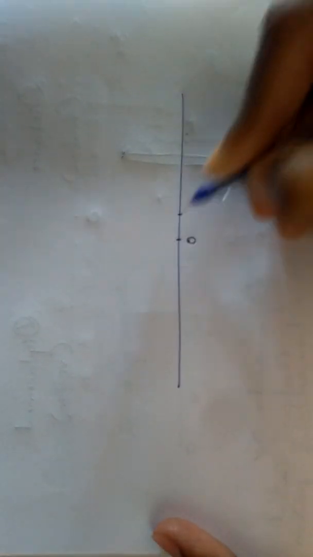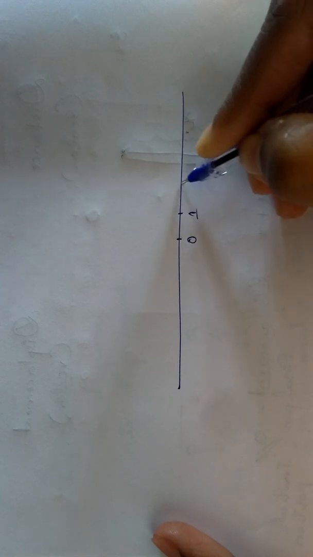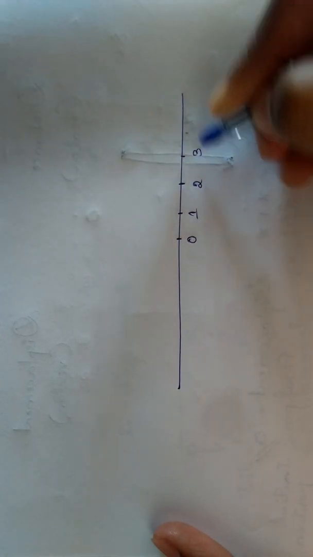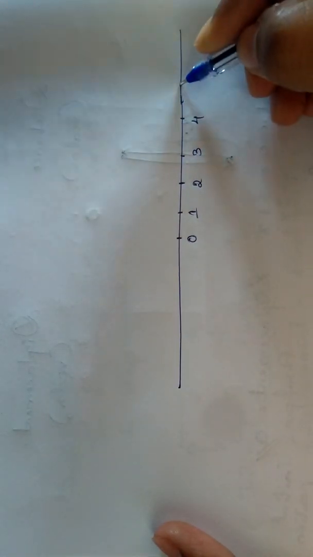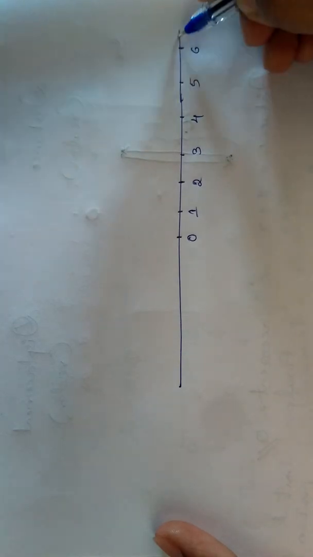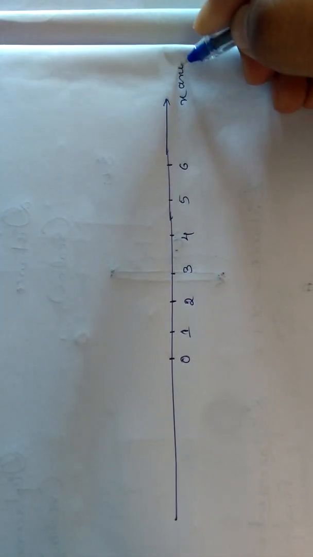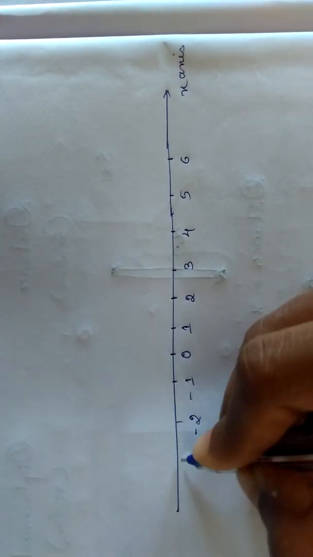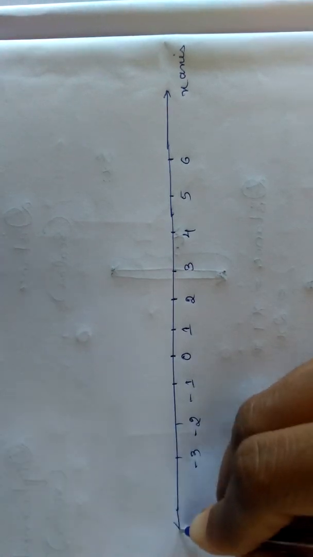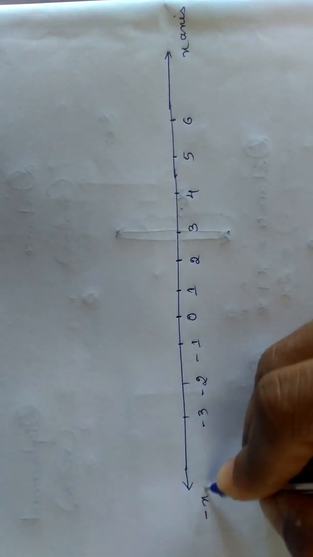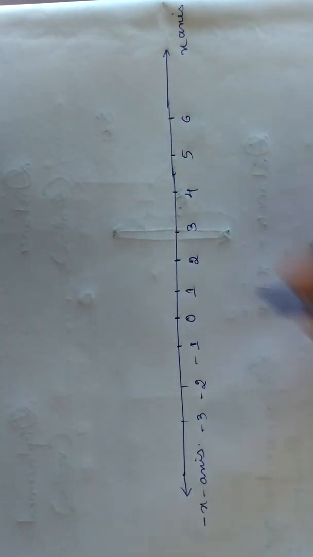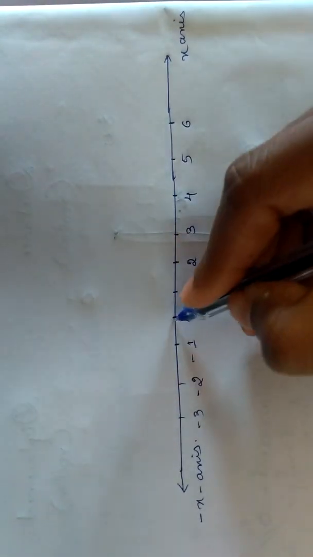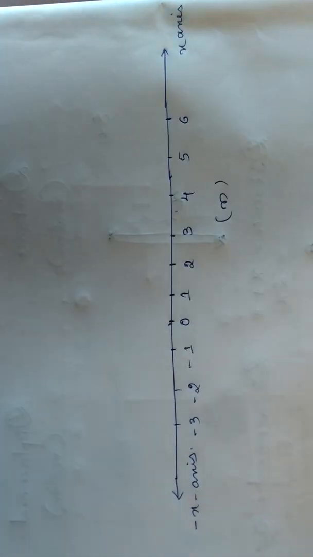Now let me draw the scale again. 0 position. Let me take 1, 2, 3, 4, 5, 6 along the positive x-axis, and -1, -2, -3, and so on along the negative x-axis. This is in meters.